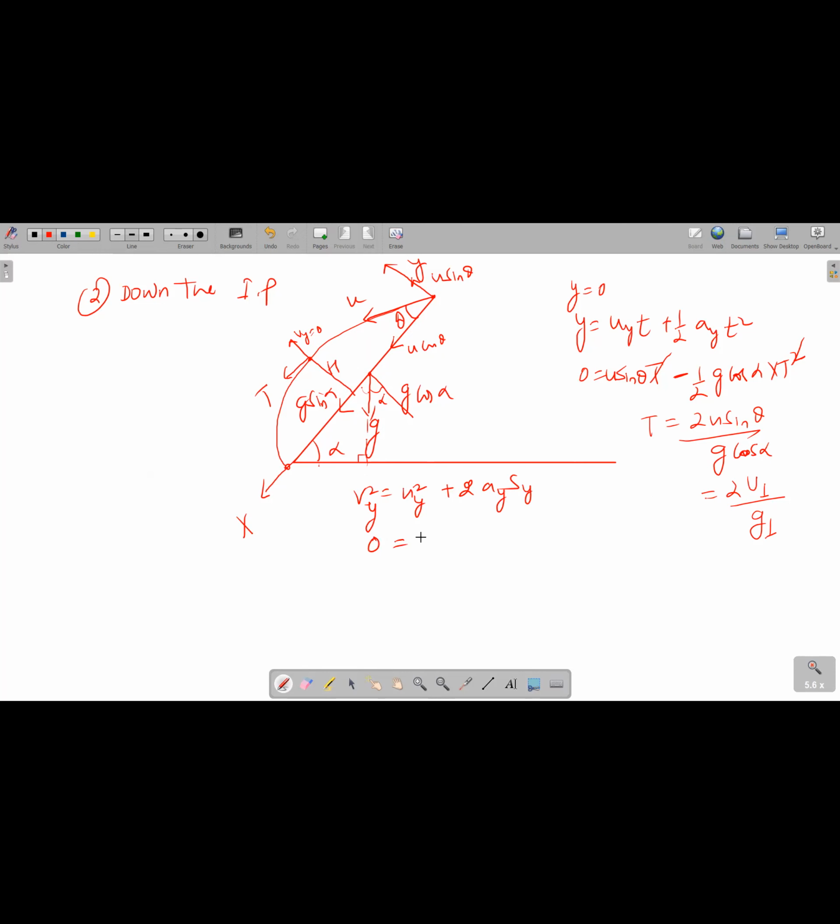This is u squared sin squared theta minus 2a_y, that is g cos alpha, and s_y is h. So h will be u squared sin squared theta upon 2g cos alpha. This is your h max. Note it down quickly.